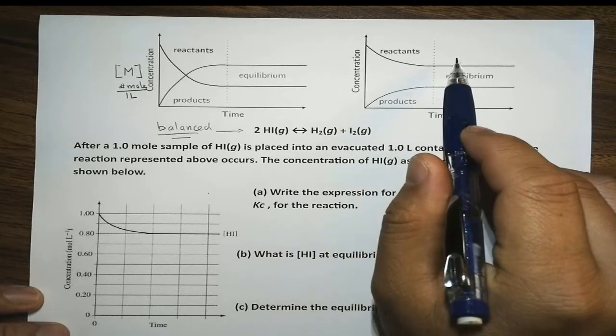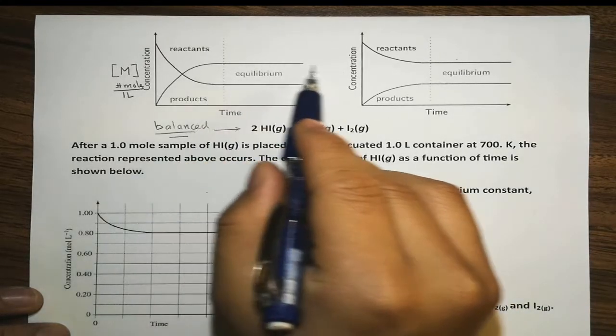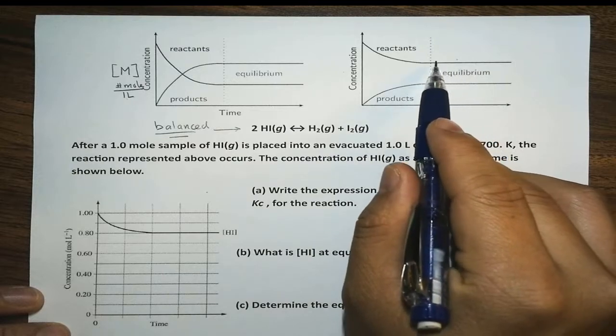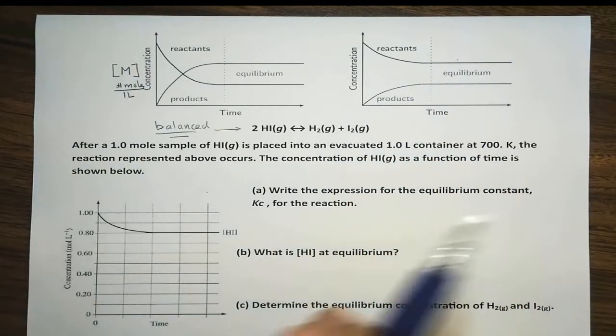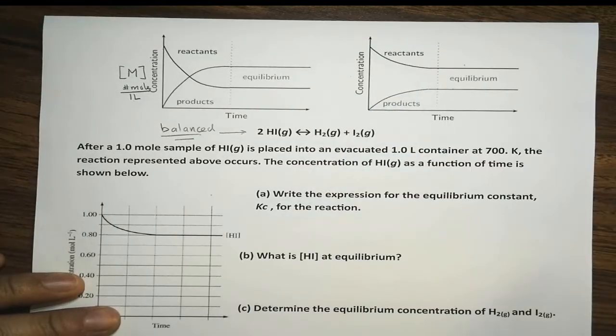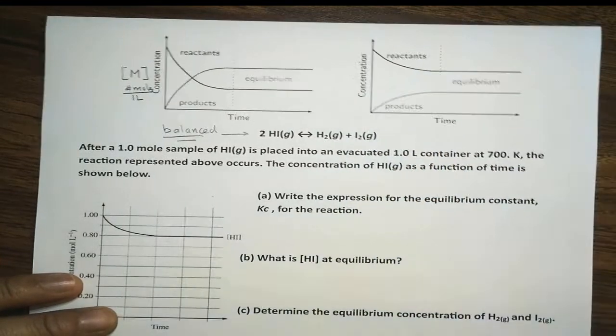You make more product or less product, but the characteristic of equilibrium is still the same. Look at the concentration of reactant and product at equilibrium. It doesn't change, right? That is because the rate of making the product is now equal to the rate of making the reactant. And that's the reason why equilibrium graphs are looking like this.